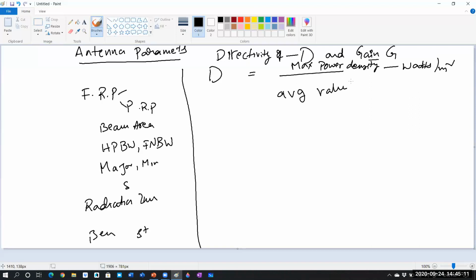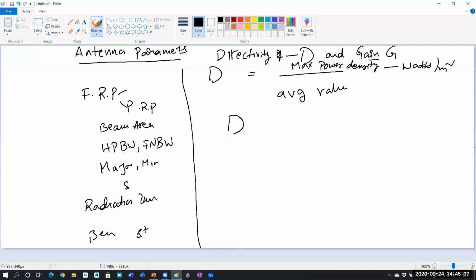So the directivity is purely regarding a power density. So maximum power density to average power value of a sphere in the far field region. So let us look into the formula.